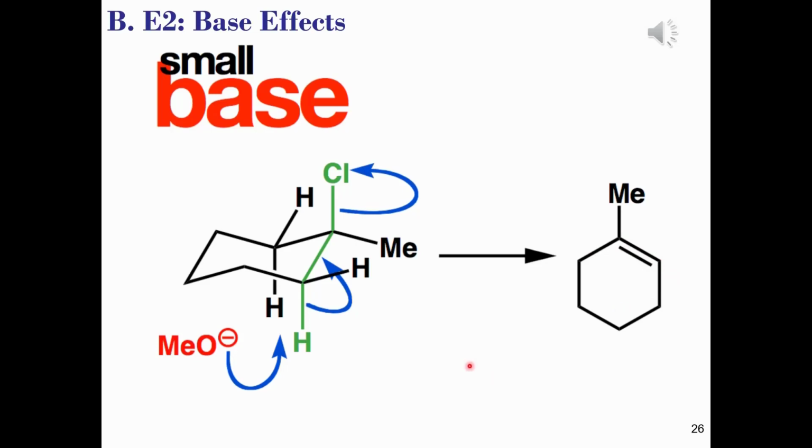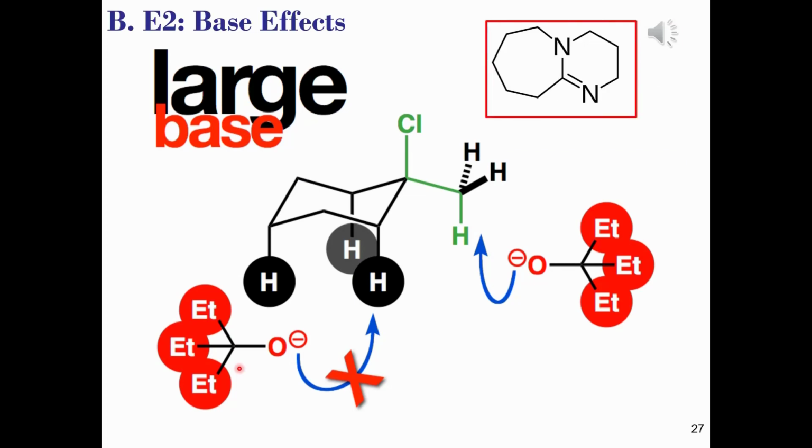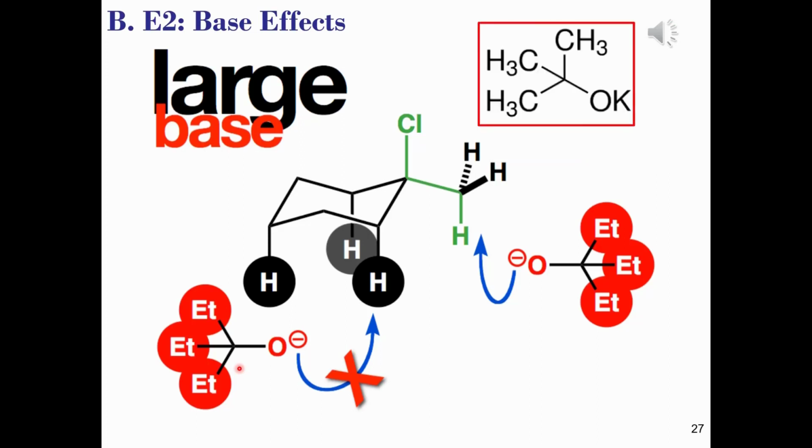However, what would happen if we used a strong base, but the base itself is sterically hindered? This hindered base is called potassium triethyl carbinolate, but there are plenty of others that are suitably hindered. Lithium diisopropylamide, 1,8-diazabicycloundec-7-ene, or DBU, potassium tert-butoxide.